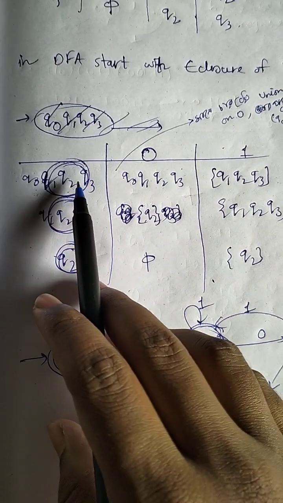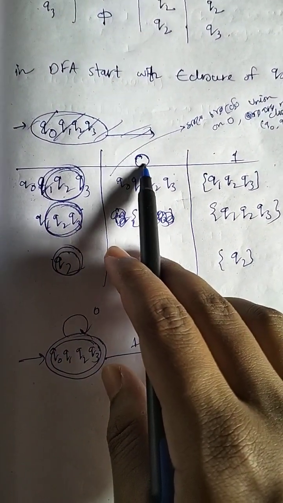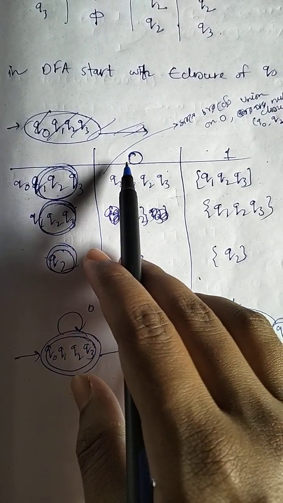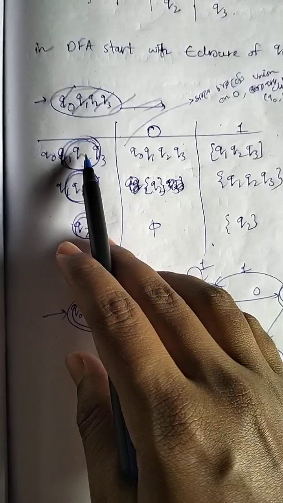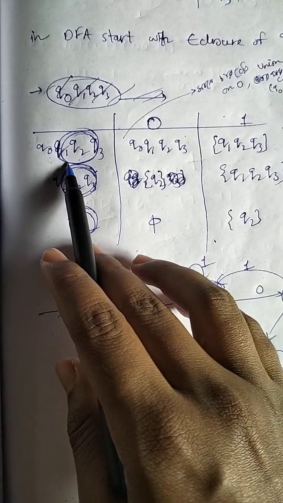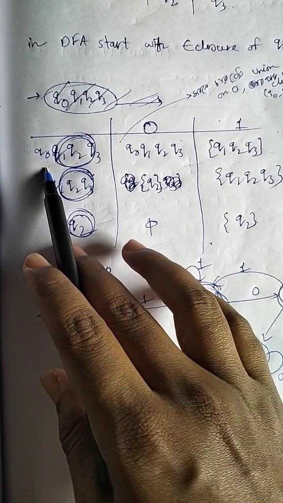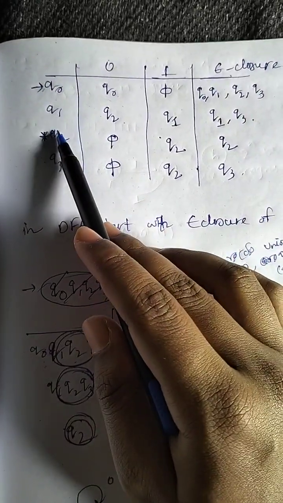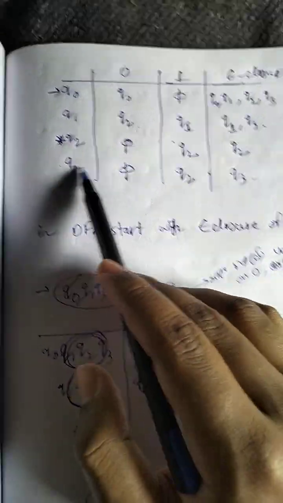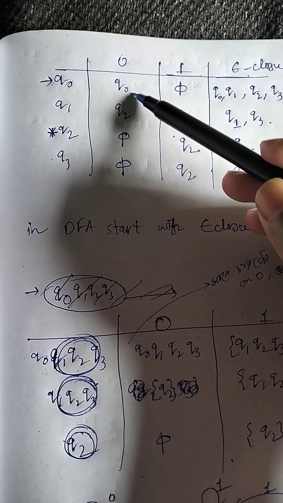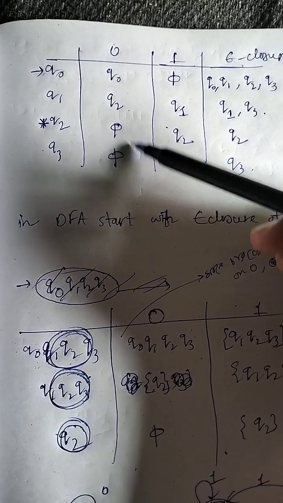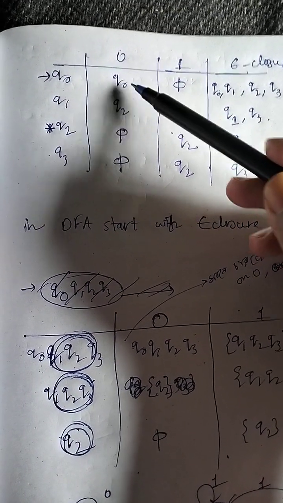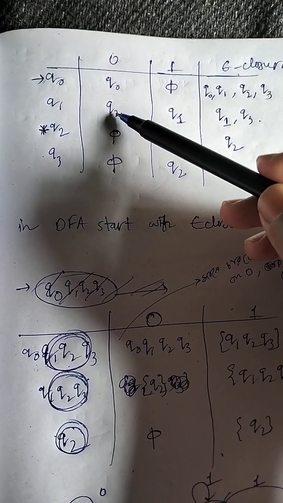Okay, so after that we have to check on input 0 what the transitions could be. So if we check on this state, we have to take the union over all 4 of these. So here is a table: Q0, Q1, Q2, Q3. Okay, so if we do the union of all these 4 transitions for input 0, we only get Q0 and Q2, but this is not the actual answer.